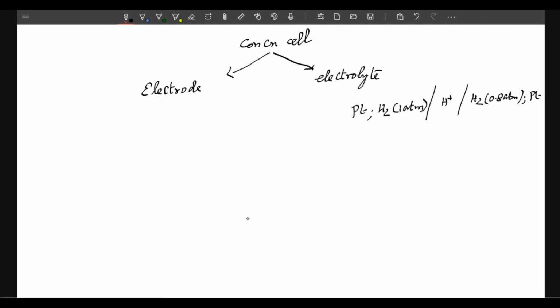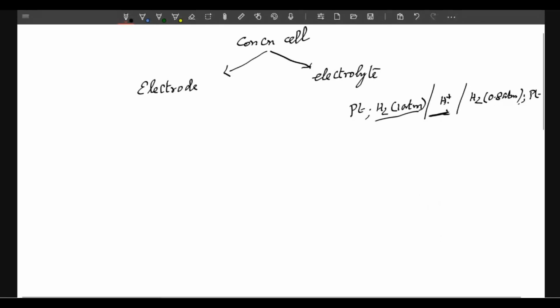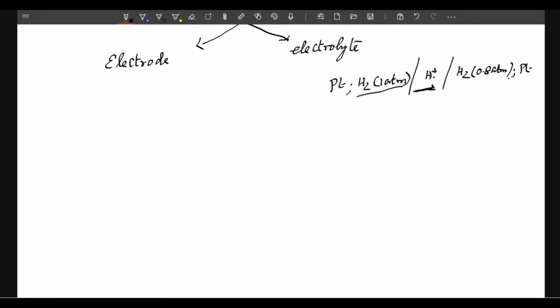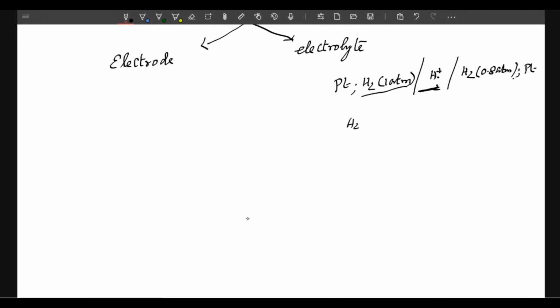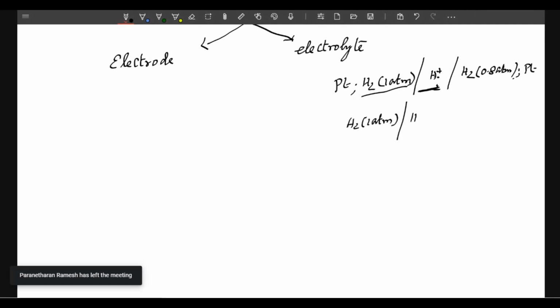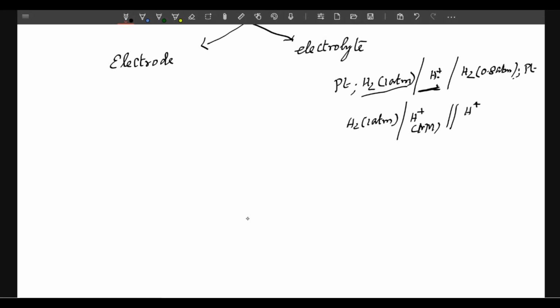Here, the same H+ ion, hydrogen at 1 atmosphere is passed, and the same H+ ion, hydrogen at 0.8 atmosphere is formed. Generally, this representation should be written as H+ 1 molar, double salt bridge, H+ 1 molar, in which hydrogen is passed at 0.8 atmosphere.